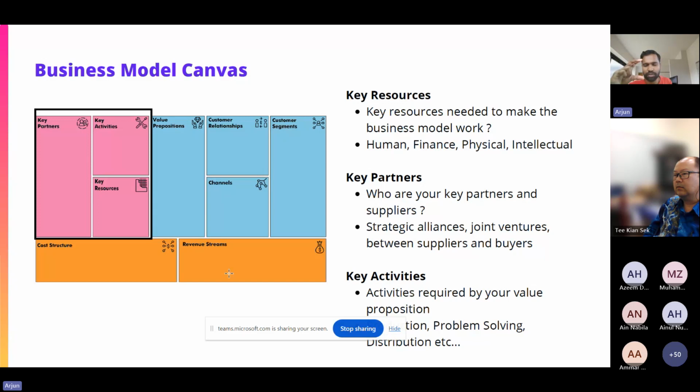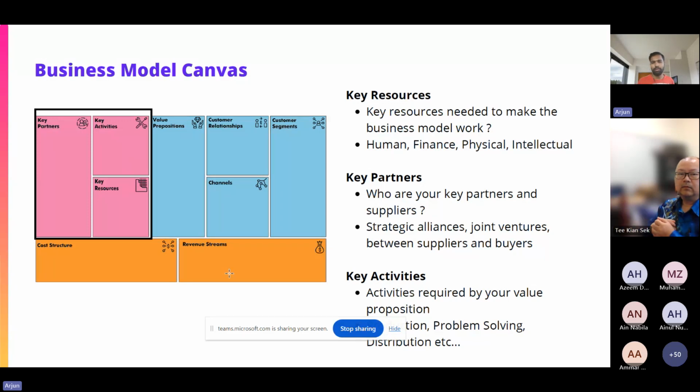Similarly, for your business, you need to understand what your key activity is, because one business cannot excel in all of the different things. Either you excel in design, or in manufacturing, or in delivering. Take Amazon for example. Amazon's key activity is not to design and develop products.